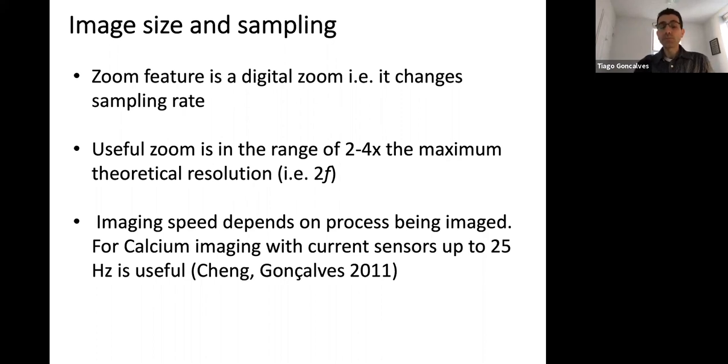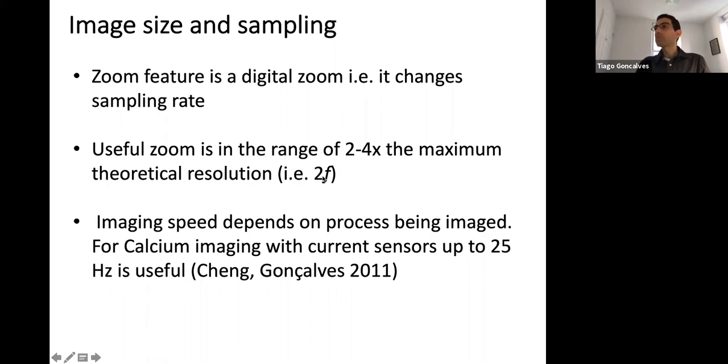When you increase your zoom, you'll get to a point where you have empty magnification. Just like when you increase your zoom on your phone, if you have one of these older phones that only has one lens, you know that if you zoom in, you're not actually getting a better image. It starts getting really pixelated. It's the same here, meaning your useful zoom is basically 2 to 4 times the maximum theoretical resolution.